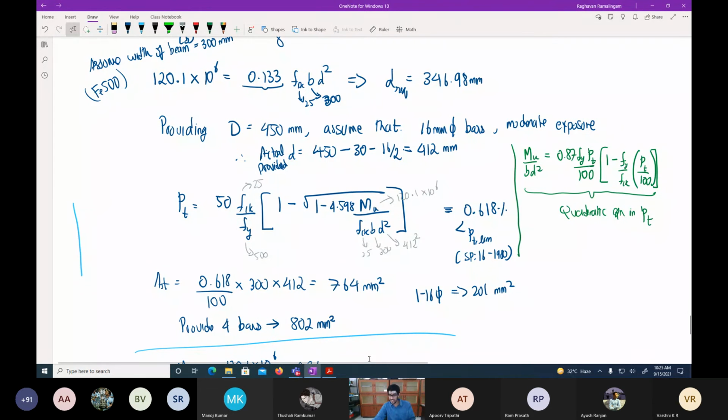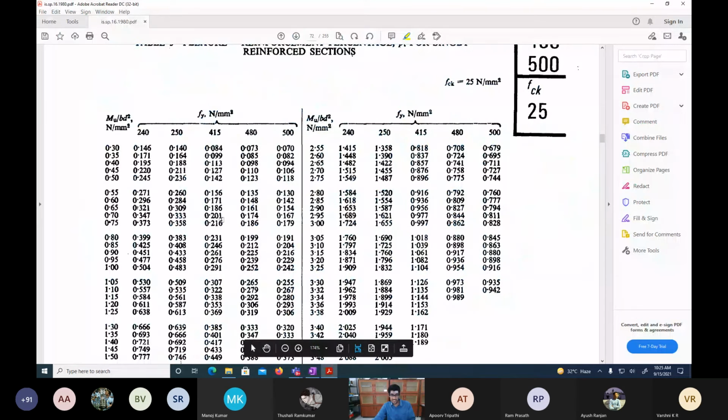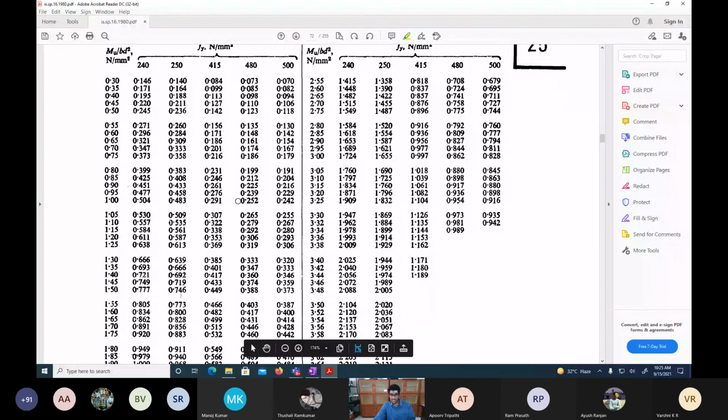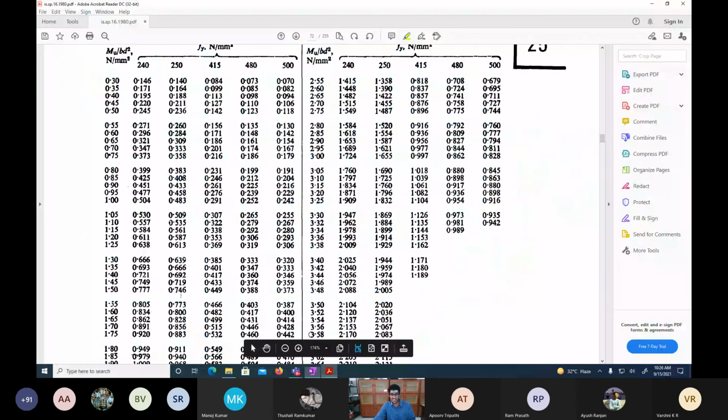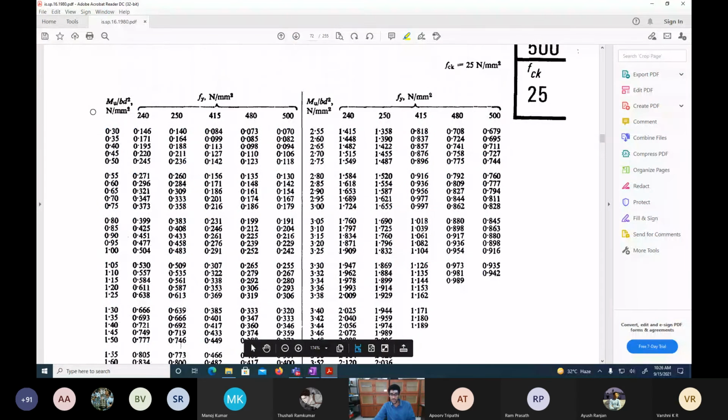All these percentages of steel are just solutions of that equation. That's why you have MU by BD square on one side, and on the other side it is PT in terms of Fy. That's what these tables are, so you should know how these tables come.